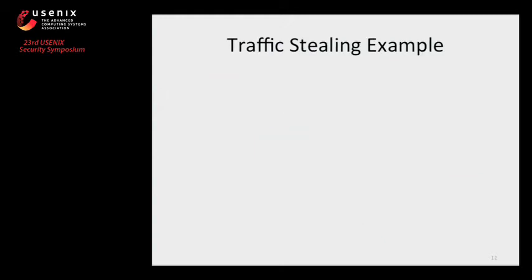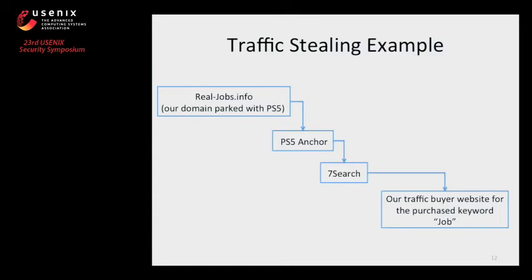The second example is the traffic stealing. For traffic stealing, you have a legitimate monetization. This is a completely legitimate monetization. You start with a park domain, realjobs.info, and a visit to it gets redirected through the redirection chain leading to our traffic buying website, where we were purchasing traffic for the keyword job. This is okay. So far, so good.